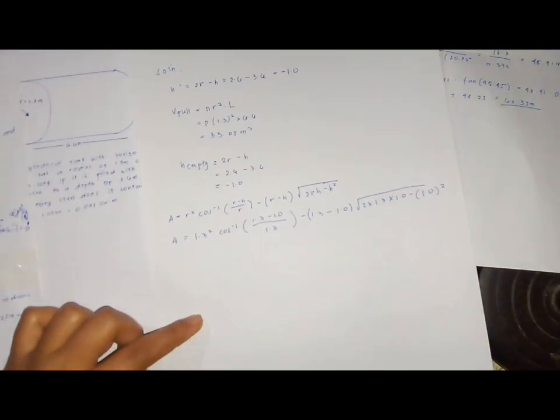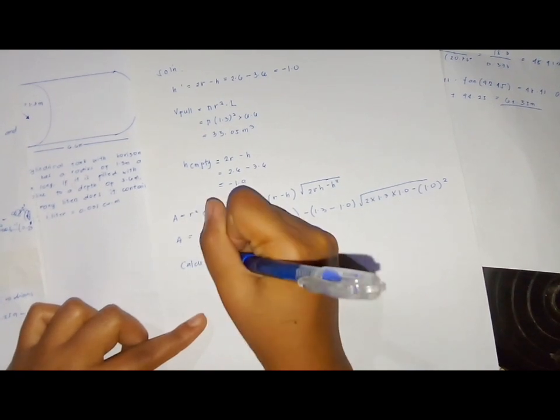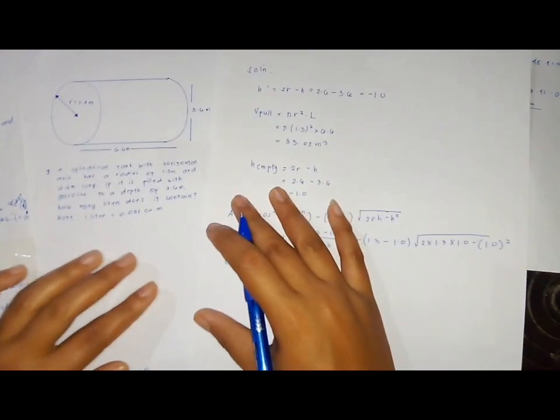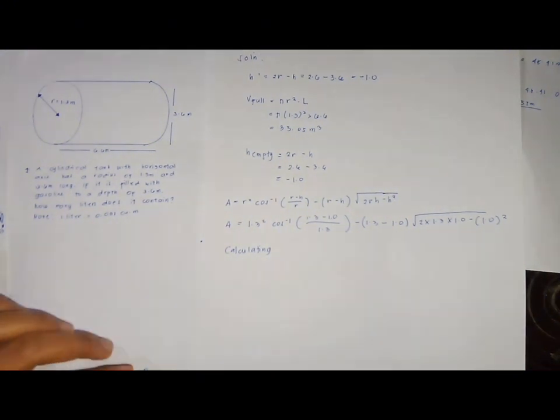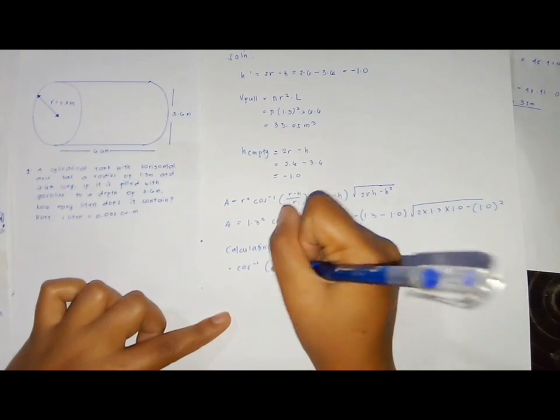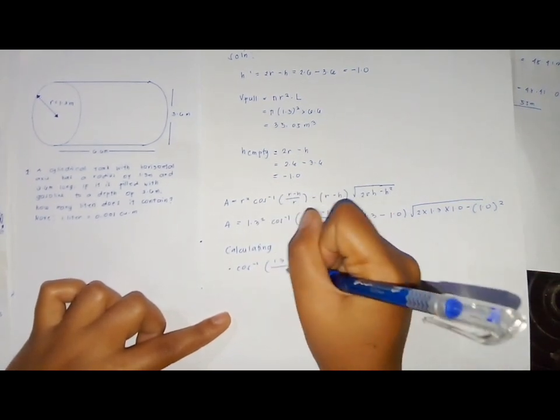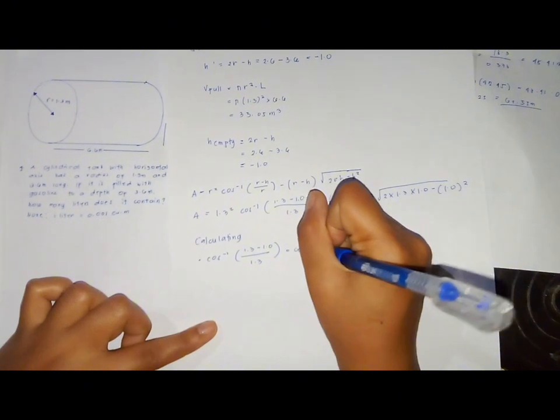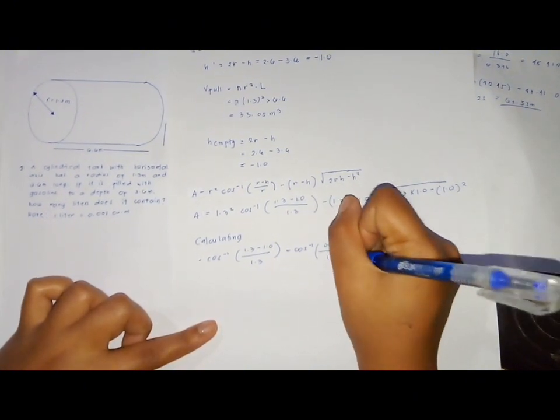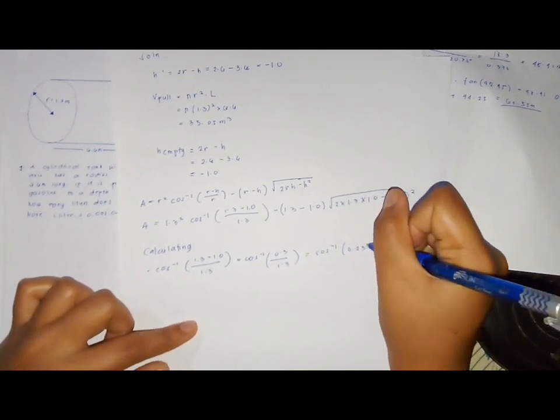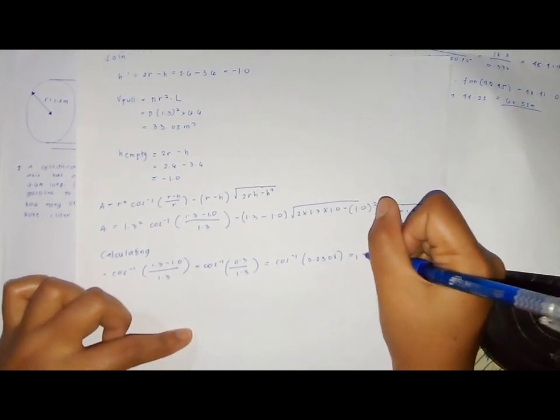So calculating, we have arc cos of (1.3 minus 1.0) over 1.3, which is equal to arc cos 0.3 over 1.3, which is equal to 1.337 radians.